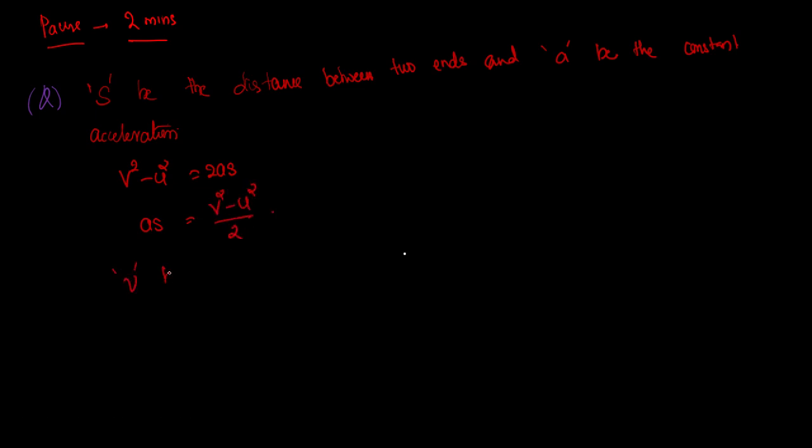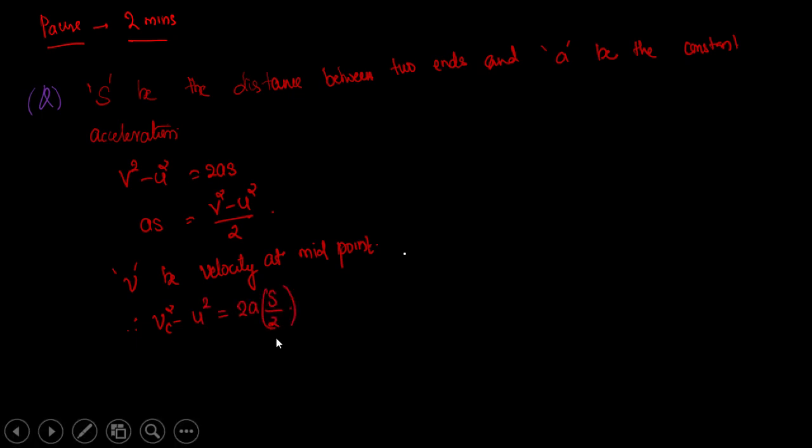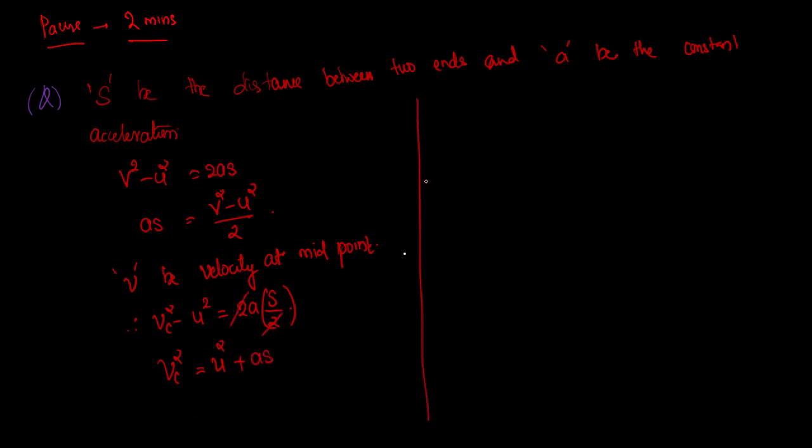So let's say Vc is the velocity at the midpoint. From this, what do we understand? Vc squared minus u squared is equal to 2a times s by 2, because it's the midpoint.